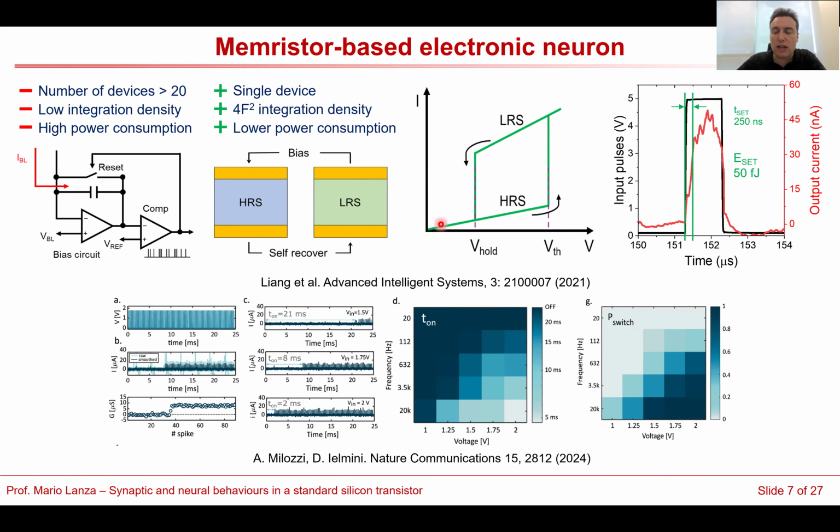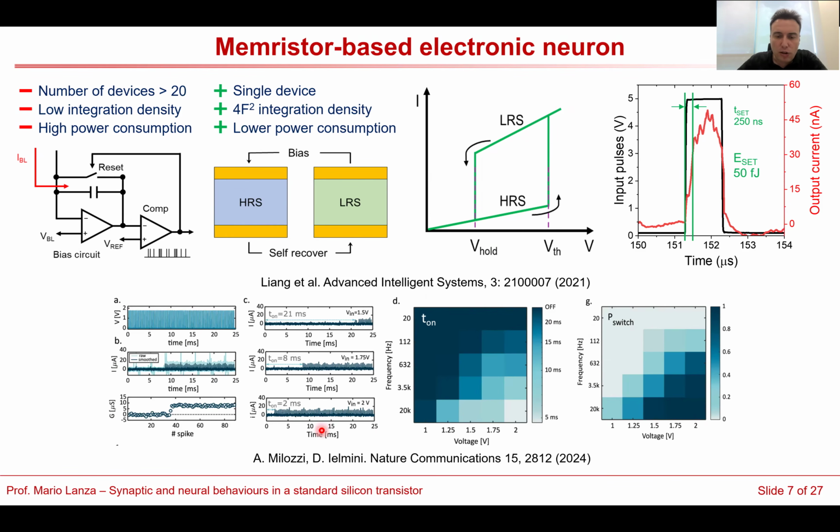So as you can see in this diagram, the current versus voltage plot, what we call the IV curve, it has a highly non-linear transition, which is what we want to make a neuron.